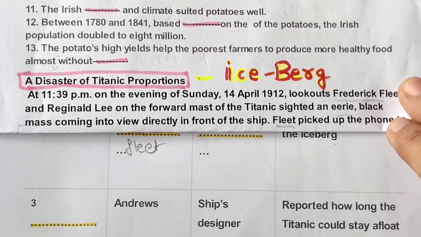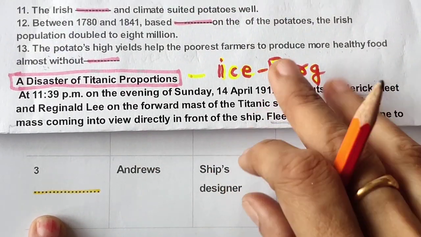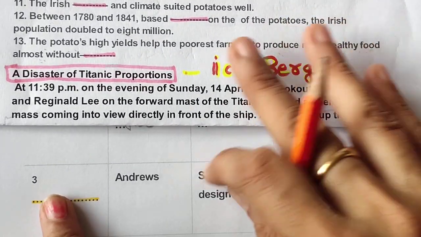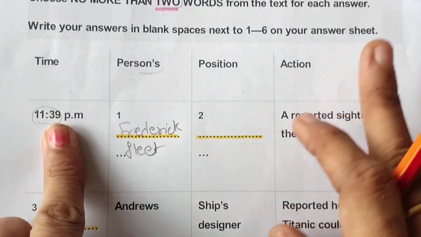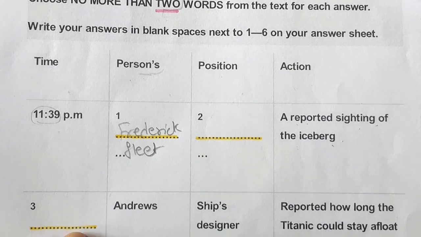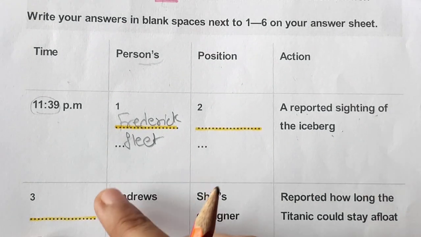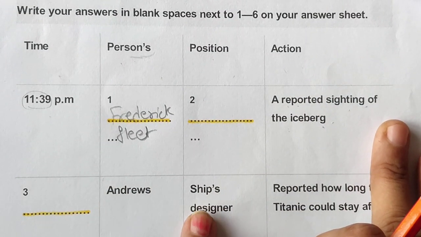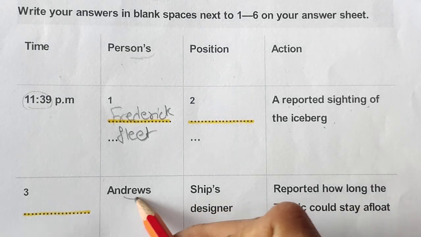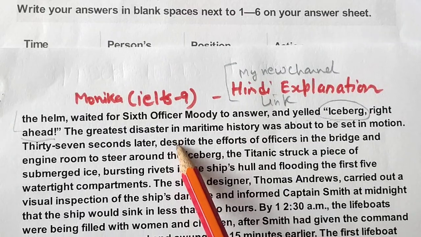Now coming to third number, Andrew. The person's name is Andrew here, and look at the time. Now we have to find the answer. The time answer will be there, and for Andrew they have given ship designer. So these are the keywords. We will find it in the next paragraph. I am looking for it.